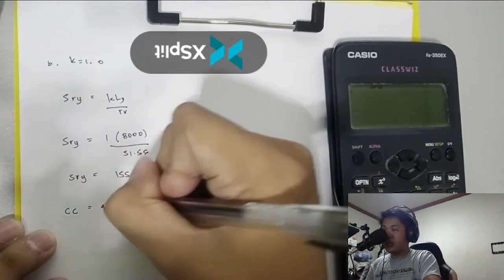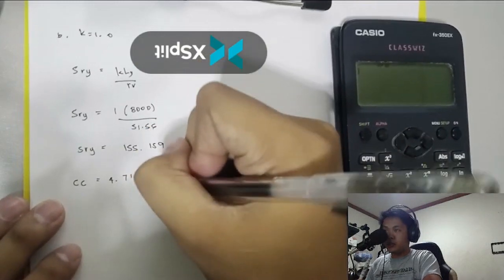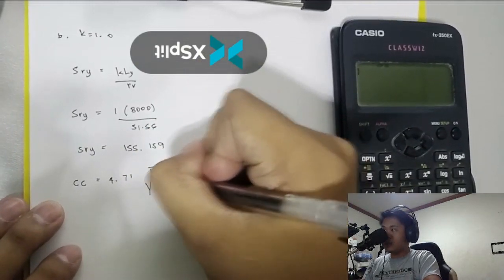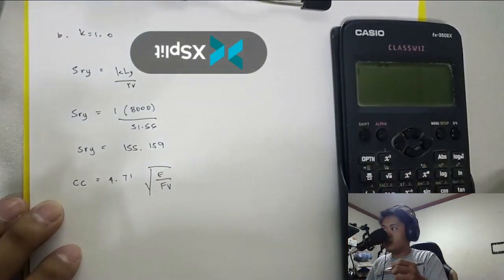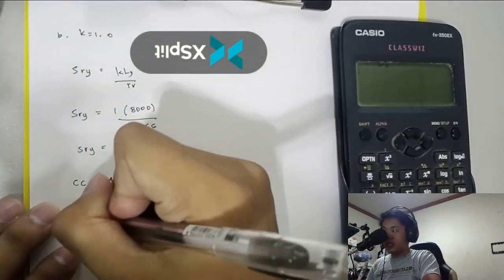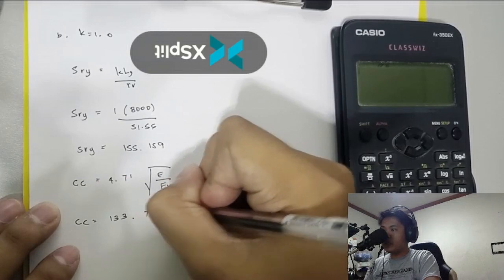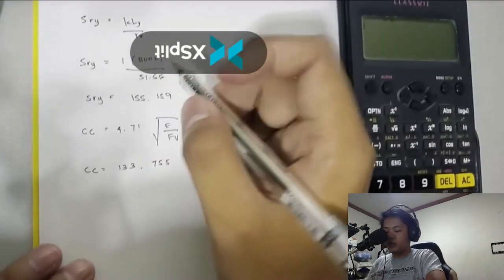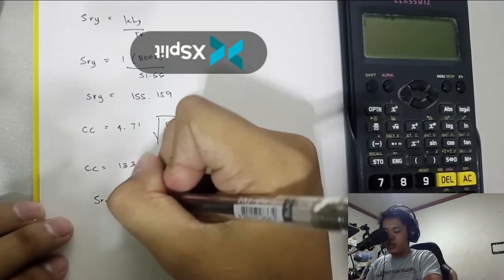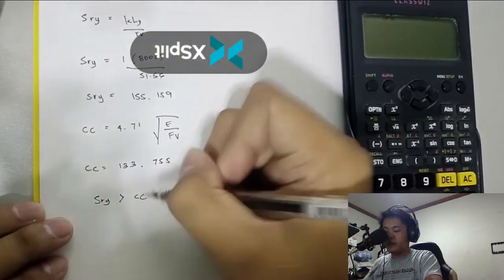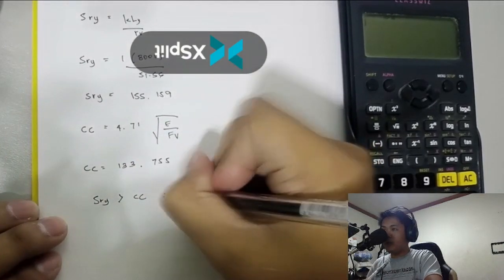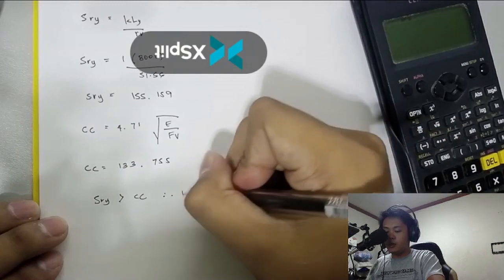So same formula lang din. So yung CC natin, nakuha na natin siya kanina is 133.755. So kung mapapansin nyo dito na mas malaki na yung slenderness ratio compared to CC. So mako-consider siya as long column.